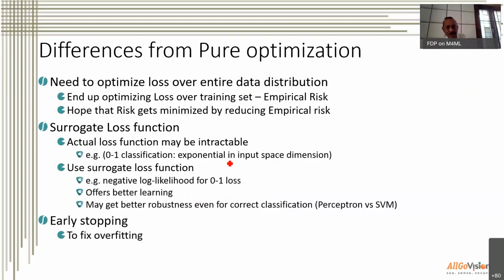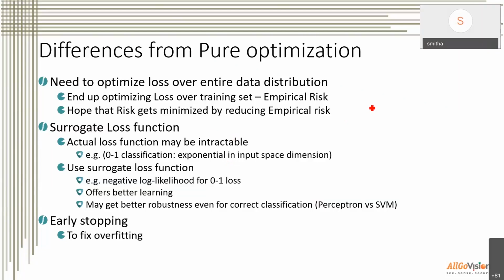Now in DL, how is pure optimization and optimization in DL, how are they different? Let's just understand that a little bit, and then we will go over the methods to do optimization. As we have seen in the morning lecture, if you remember the blue points and the green curve, we were trying to minimize the error over the training set, and that is called empirical risk.